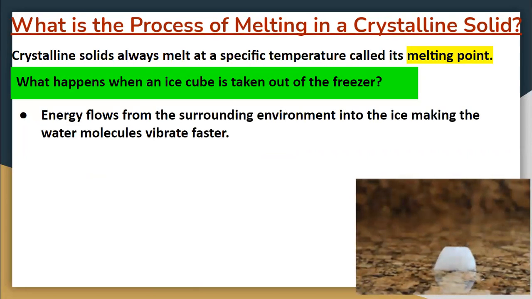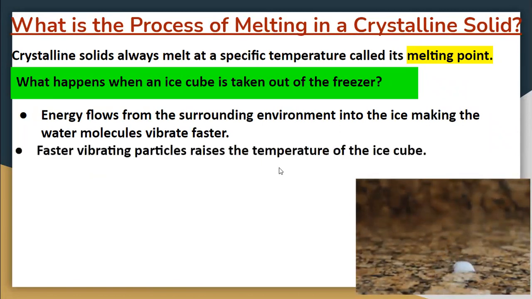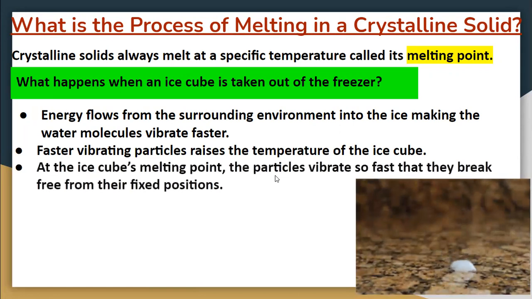Energy flows from the environment around it into the ice, and it makes the water molecules vibrate faster. The faster vibrating particles raise the temperature of the ice cube. At the ice cube's melting point, the particles vibrate so fast that they break free from their fixed positions. What happens then?